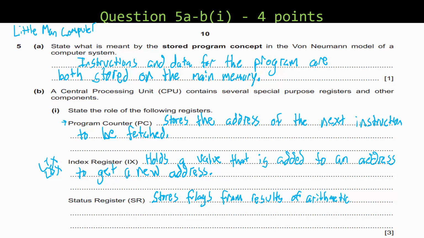It also does logical operations or logic operations. Those are your ands, ors, your nots. So we'll say logic operations. And the last thing a status register will do is handle interrupts. Actually, it doesn't handle interrupts. It stores flags for interrupts.